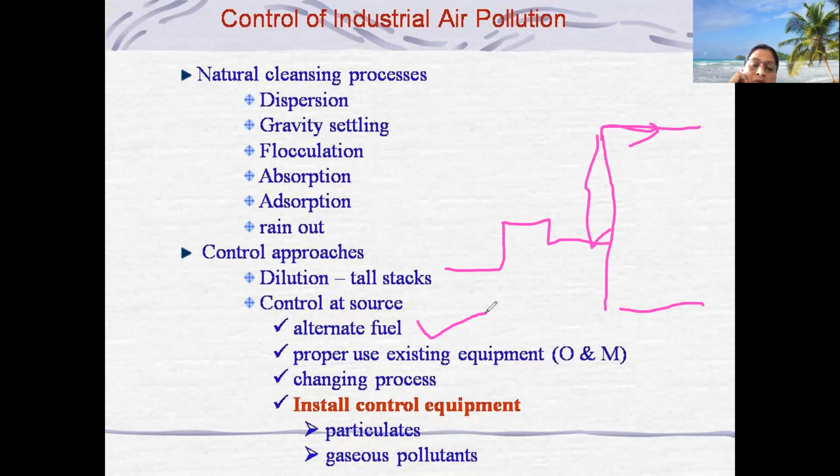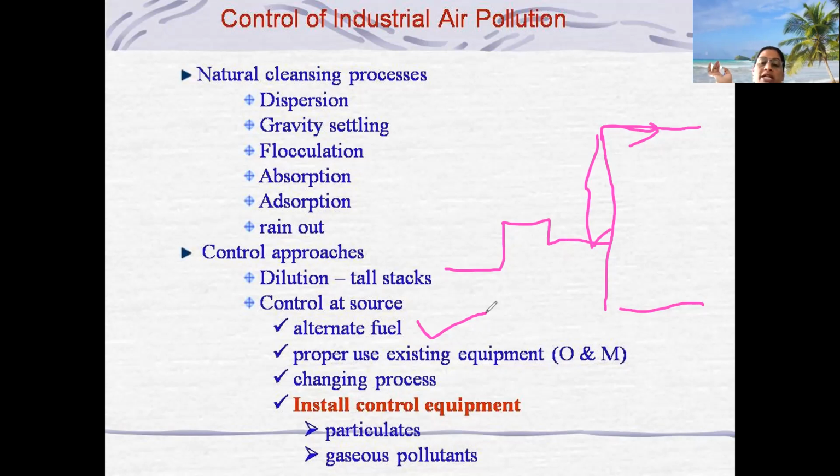Then proper use of existing equipment, operation and maintenance. Many times we use vehicles, industries or motors for various purposes and maintenance is not done on time, and hence the engine is not working efficiently. Not working efficiently means it consumes a huge amount of fuel than required, and so it emits a huge amount of pollutants.